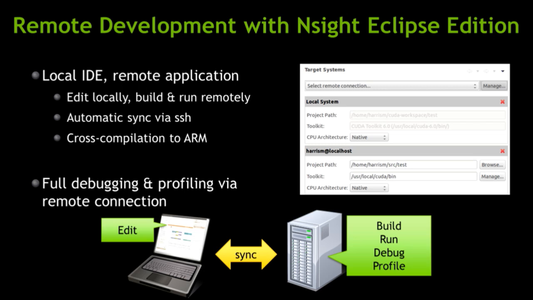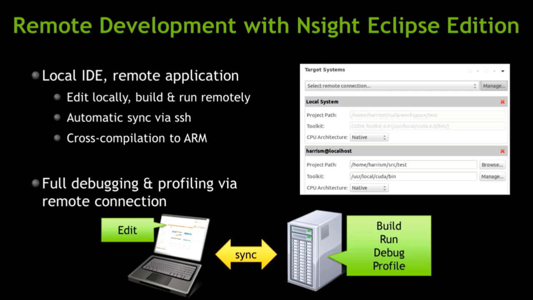What this enables you to do is use a local IDE on your desktop for development of an application that's running remotely. So in a lot of cases, in CUDA, you might be running your application on a server or a cluster or on a Tegra development kit that you're connected to via SSH.